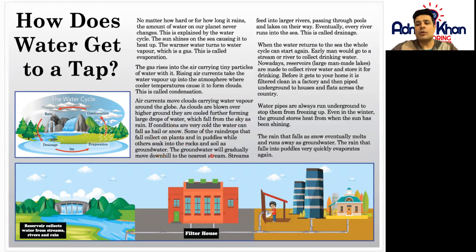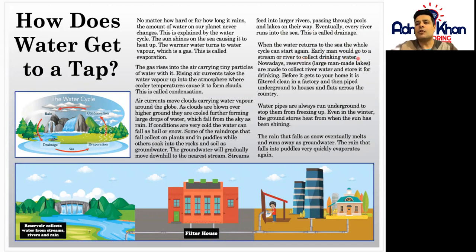The groundwater will gradually move downhill to the nearest stream. Streams feed into large rivers, passing through pools and lakes all along the way. Eventually, every river runs into the sea. This is called drainage. When the water returns to the sea, the whole cycle can start all over again.